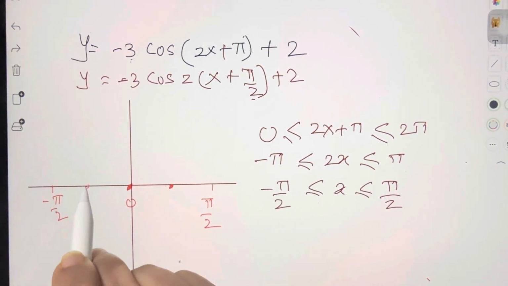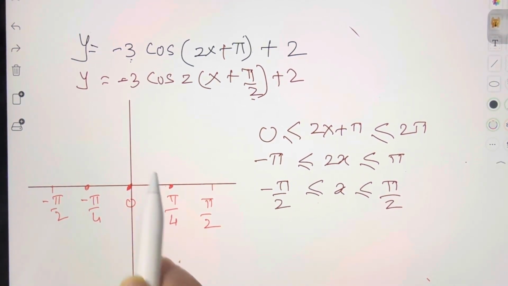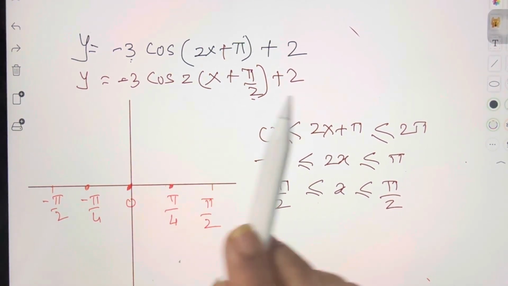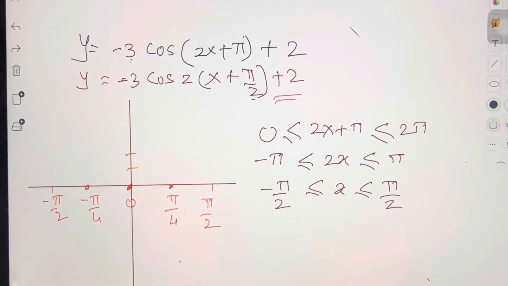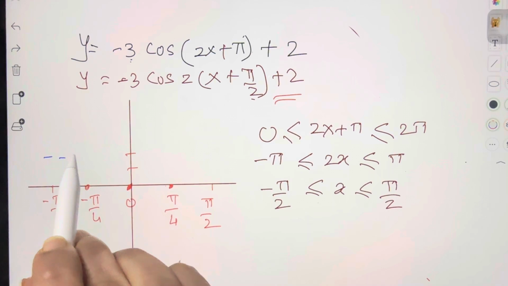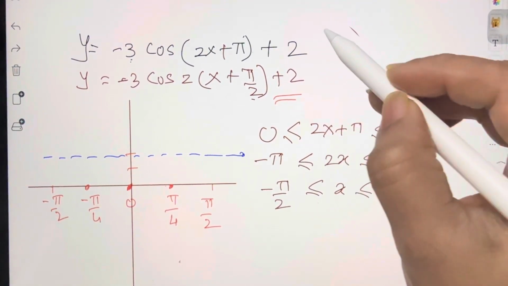It is negative pi by 4 and positive pi by 4. You got all the 4 points for the cos graph. And the midline is 2, so I have to go up by 2. So there will be a midline here.